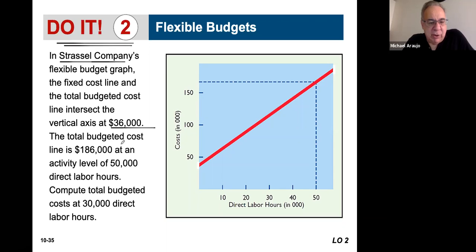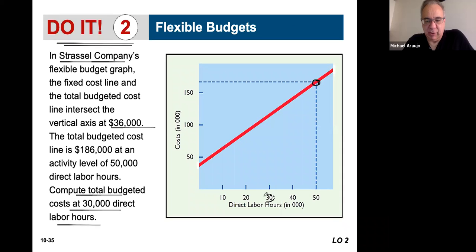Okay, the total budgeted cost is 186, which is way up here, at a level of 50. So here's your level of 50 up here.